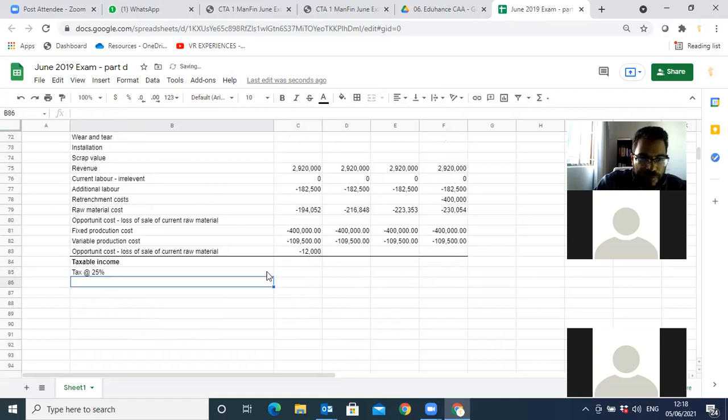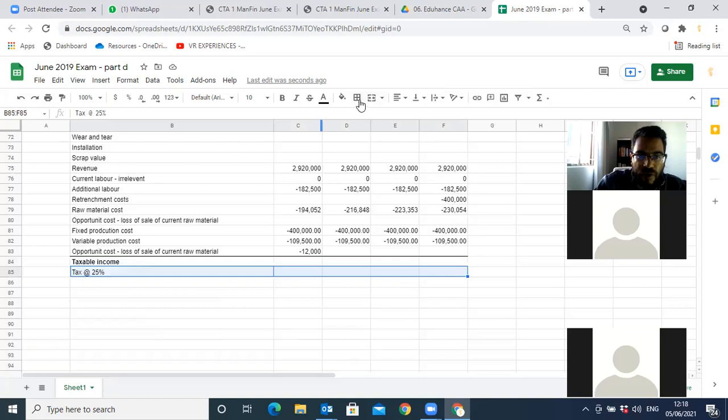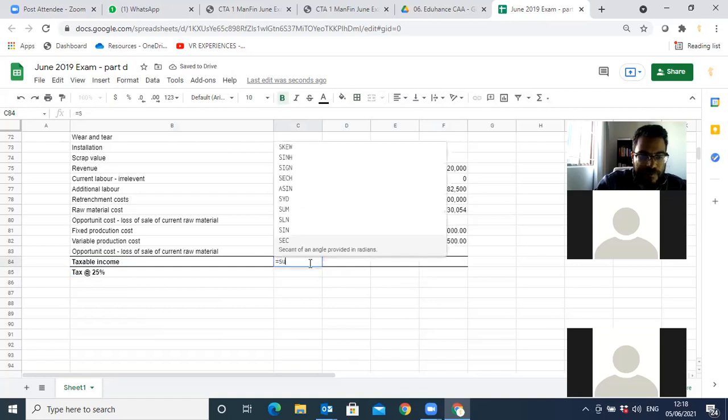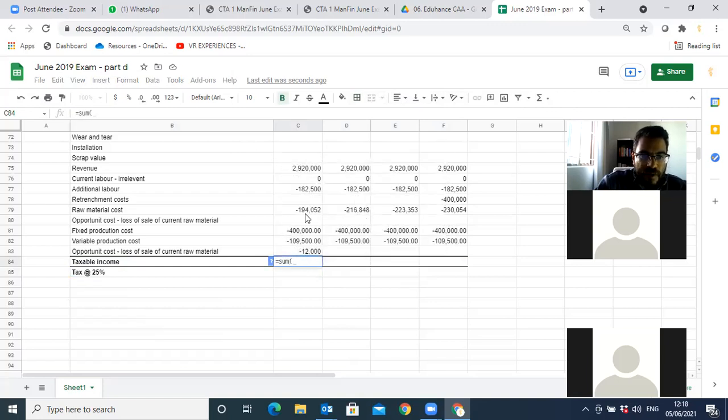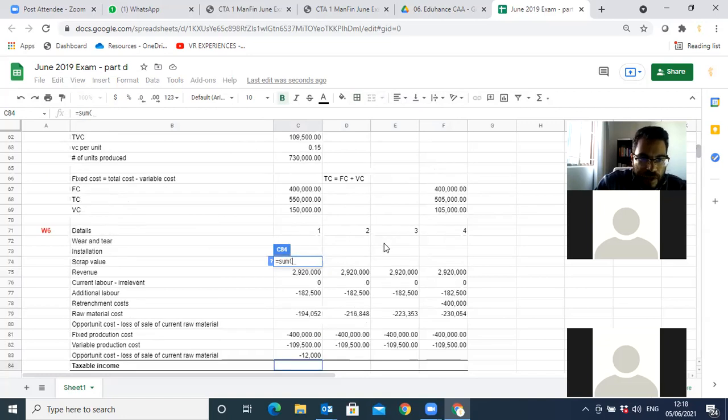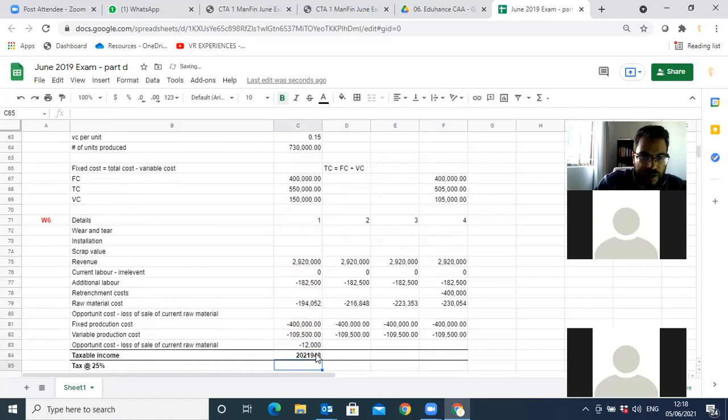Okay, so the tax at 25%, that is what we are looking for. So if I add up all of these, with the wear and tear, you know what to deal with the wear and tear. I don't, unfortunately.